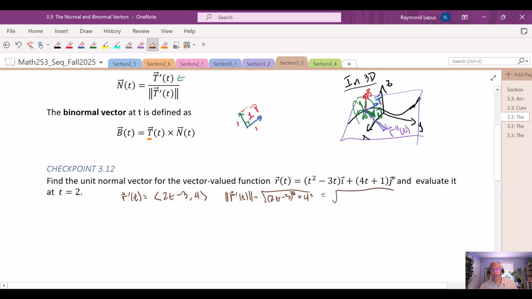Generally you want to simplify this so that we can continue to work with it. And what do we have here? We have 4t squared minus 2 times 3 is 6, double that, that's 12t, and then plus 9, and then plus 4 squared is 16. Alright, we end up with the square root of 4t squared minus 12t plus 9 plus 16, I think it's 25.